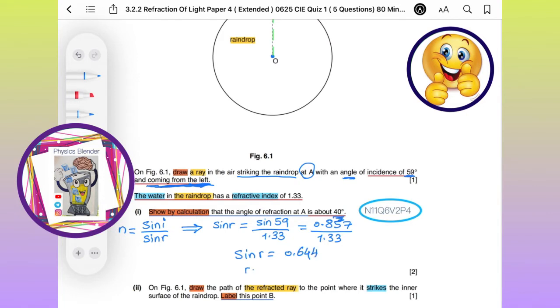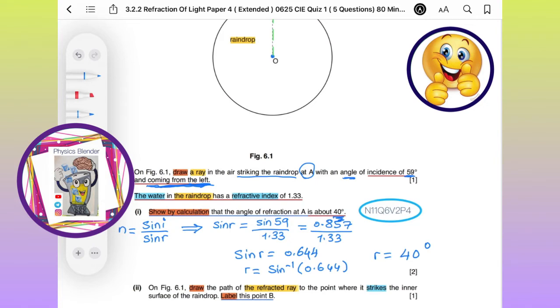So r is equal to, shift sine your answer, r is equal to 40. So you have the answer already, but you should show your working to get the answer.